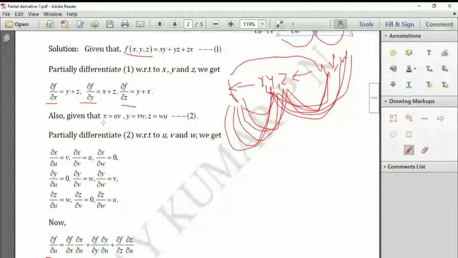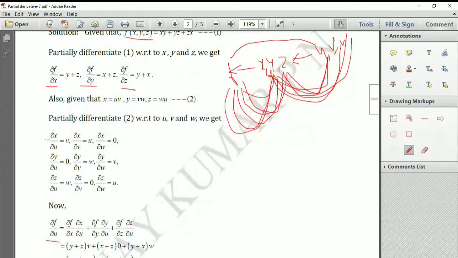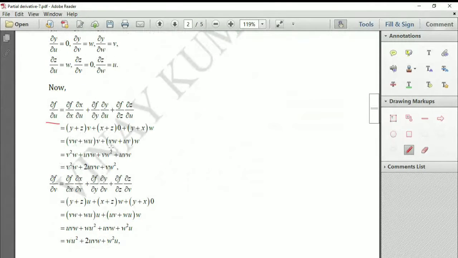Similarly, your x, y, z are functions of three variables u, v, w. So you have to differentiate x with respect to u, x with respect to v, x with respect to w, by keeping the two variables as constant and differentiating with respect to only one variable. After finding the partial differentiation of all these, substitute them and bring the answer in terms of independent variables u, v, w.